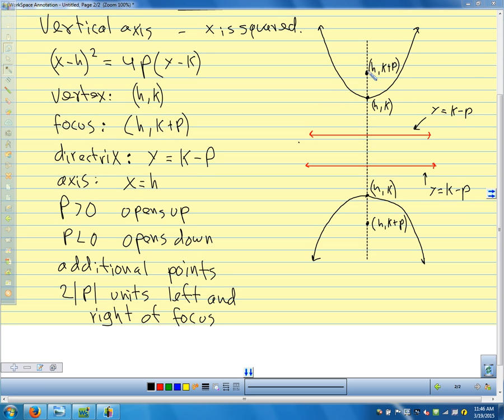So if we plot 2 points, we go directly left and directly right of the focus by 2 times the absolute value of p, we get additional points on our parabola. So that tells us how wide the parabola is. So by putting it in standard form, getting this p value, we get a lot of information about our parabola. About the shape, about the orientation, about how it's arranged, that kind of thing.